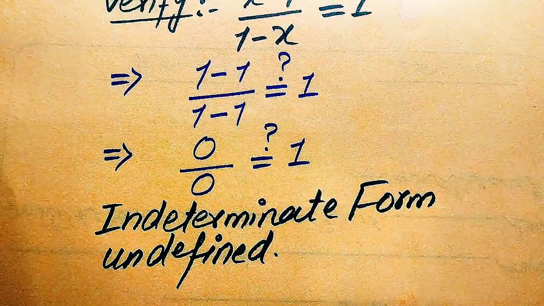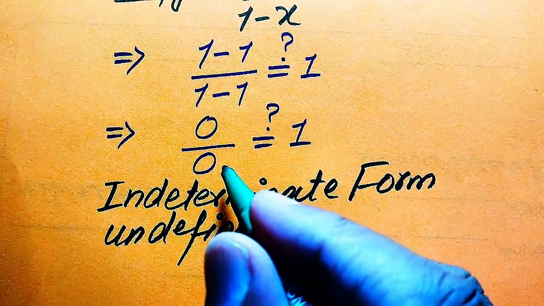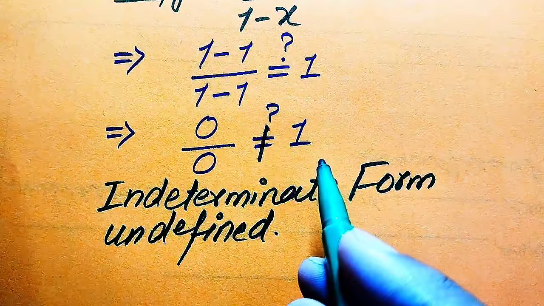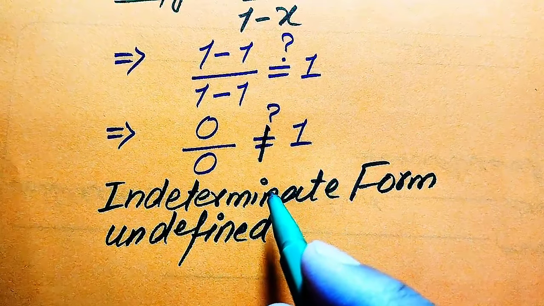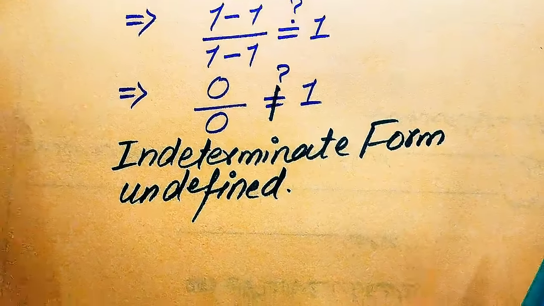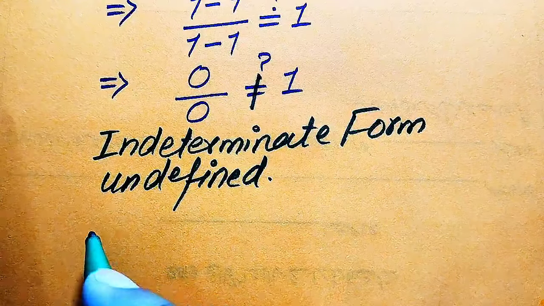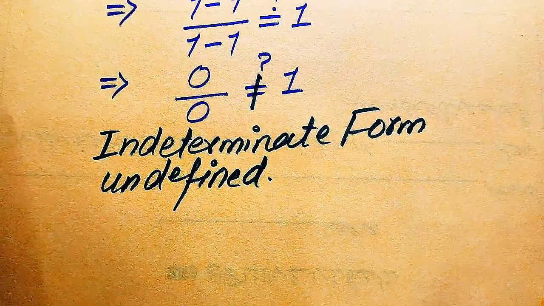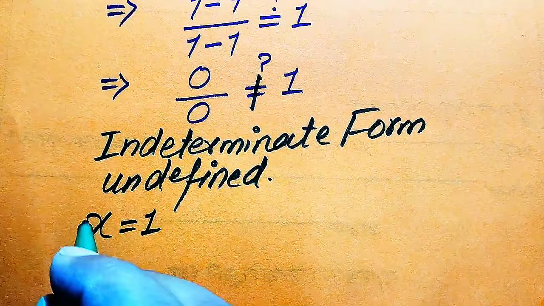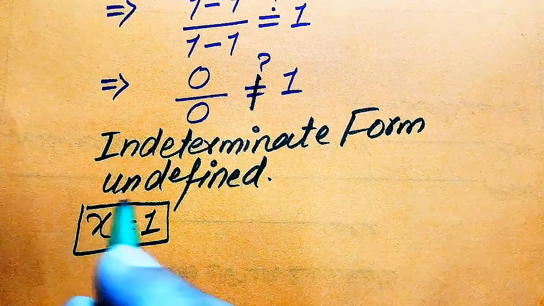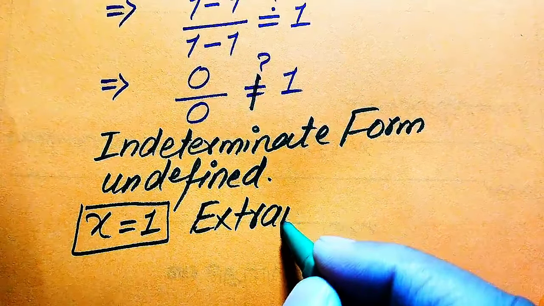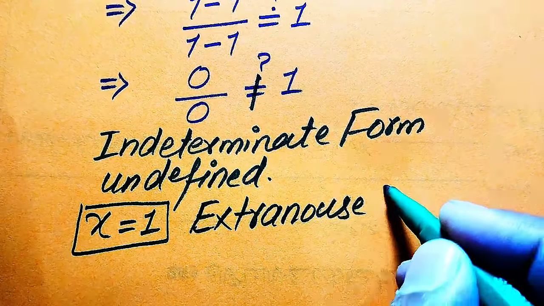So if our left hand side is undefined, this means that both of the sides are not equal. So if both sides are not equal, we conclude that x equals 1 does not satisfy our given question statement. And you know that a root which does not satisfy our given question statement is called an extraneous root. So here we have x equal to 1 as the extraneous root of the given equation.